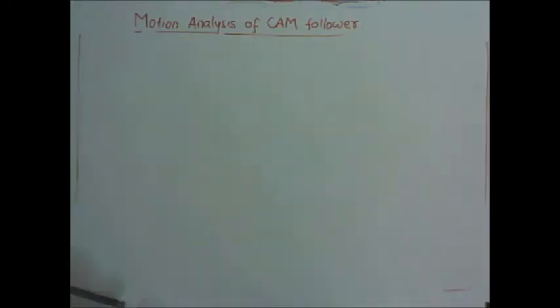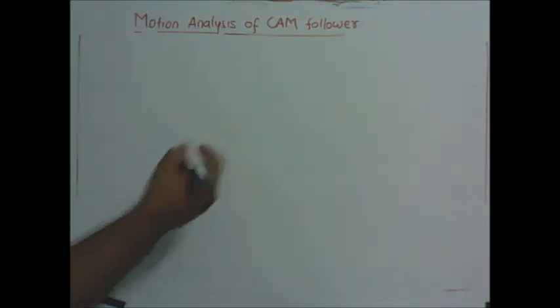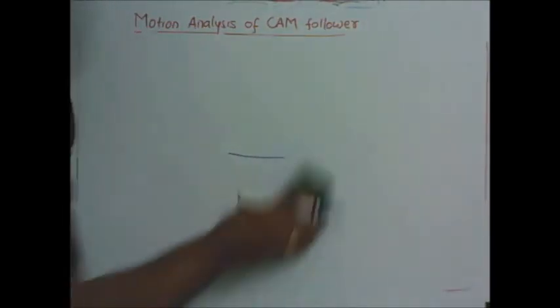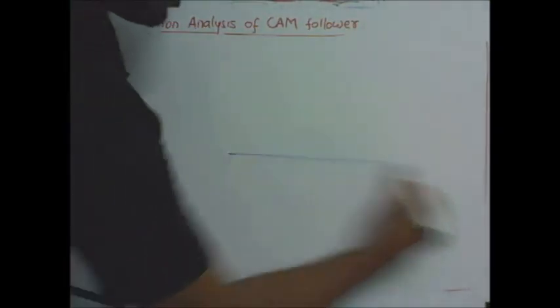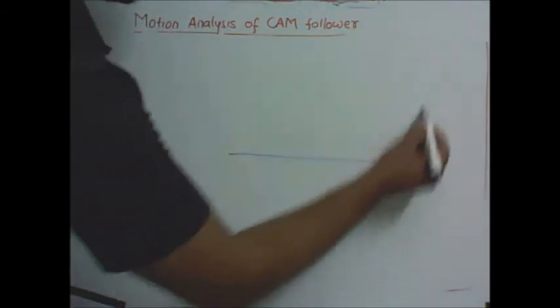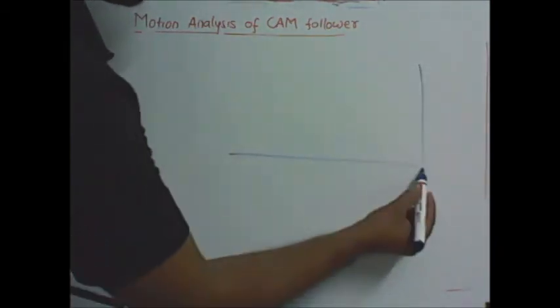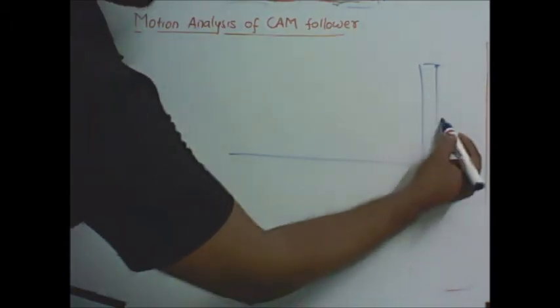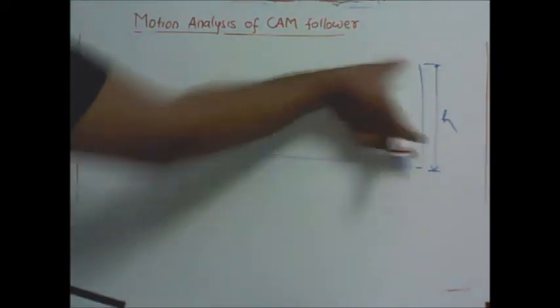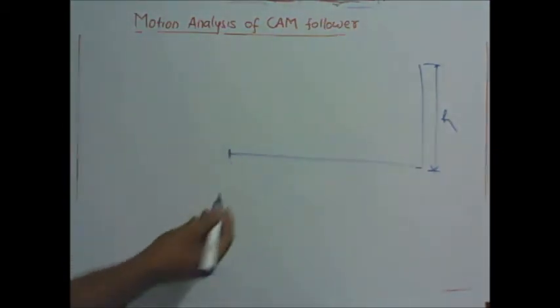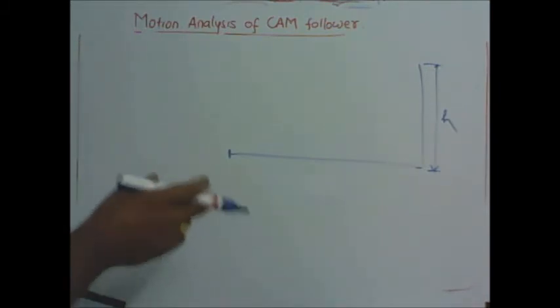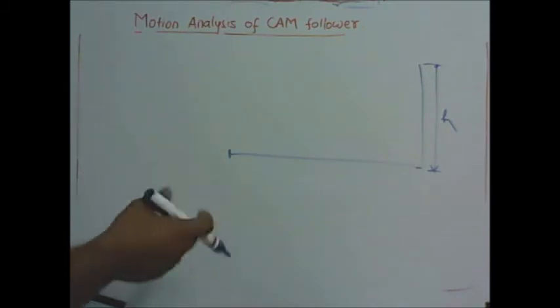When we plot h, the maximum displacement, against the cam angle, say this is the maximum cam angle and h equivalent to this h. We already know that we need to study only 360 degrees, that is one complete revolution of the cam profile, which will be cyclic every time.